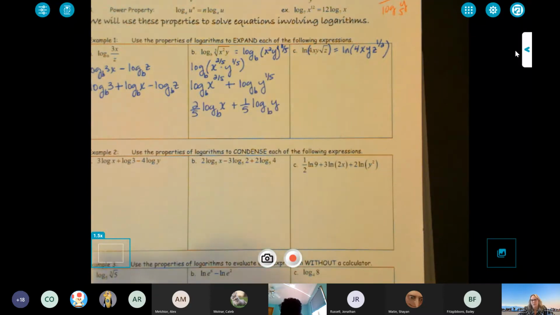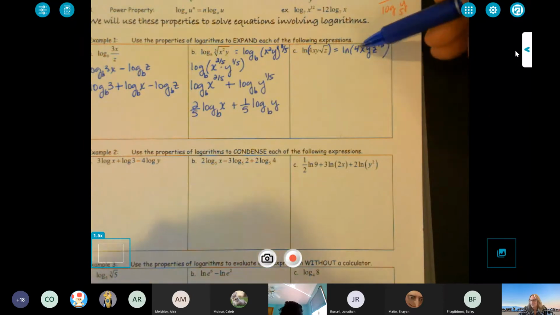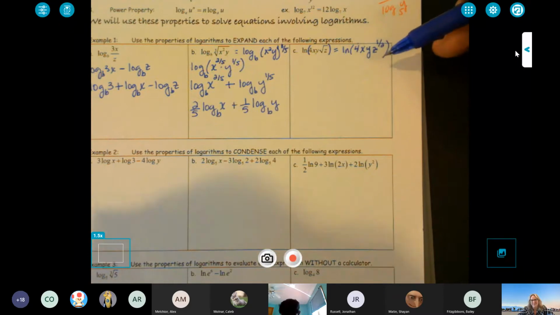So now, no products, no quotients, no exponents. So deal with the products and quotients first. I have 4xyz. Again, this is 4 times x times y times z. So don't forget, 4x is a product.